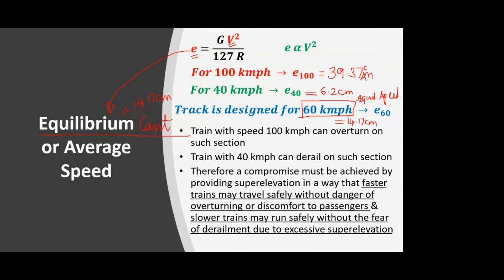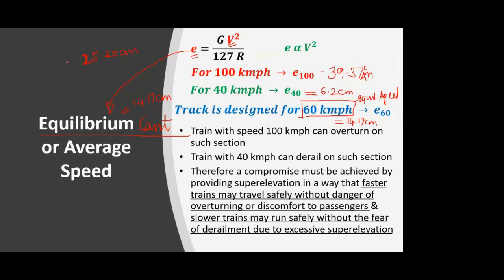So it needs 39 centimeter super elevation, but we are providing only 14.17 centimeter super elevation. So there is some deficiency. If you calculate the deficiency, it comes out to be 25.20 centimeter.